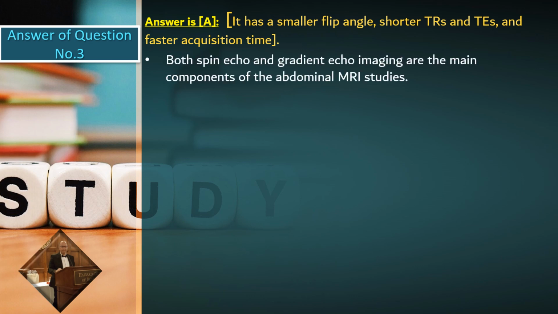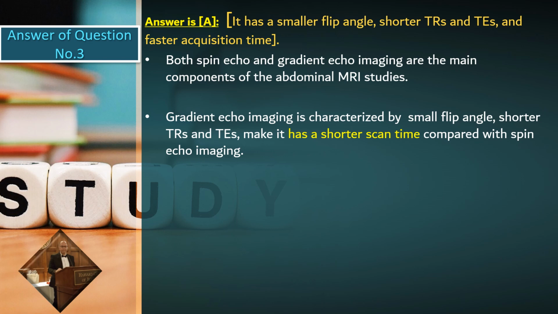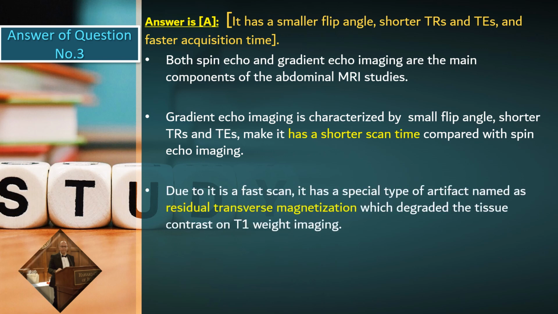Both spin echo and gradient echo imaging are the main components of abdominal MRI studies. Gradient echo imaging, characterized by small flip angle, shorter repetition time, and shorter echo time, has a shorter scan time compared with spin echo imaging. However, because it is a fast scan, it has a special type of artifact named residual transverse magnetization. This artifact degrades the T1 contrast resolution.